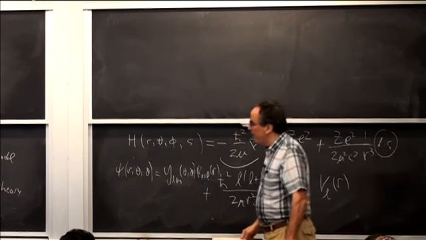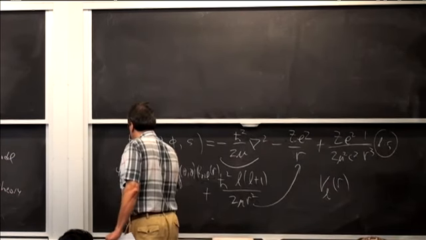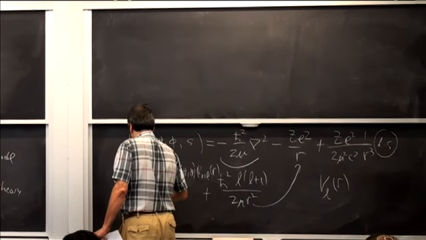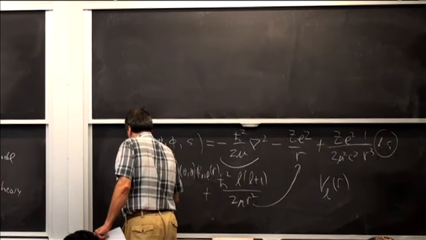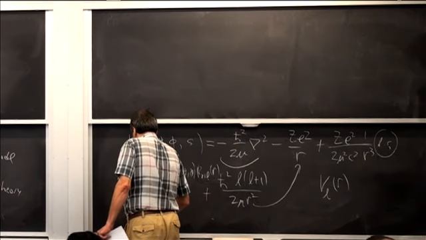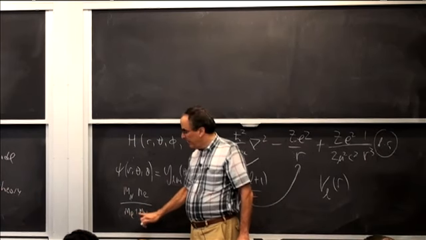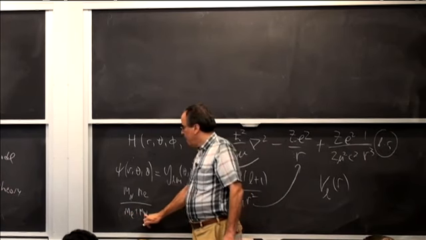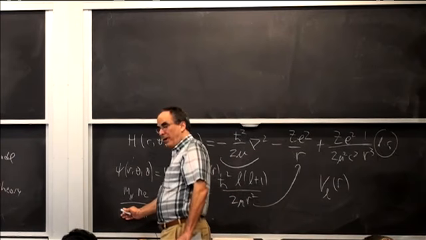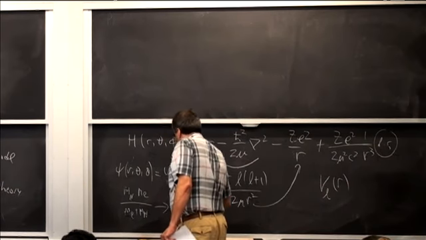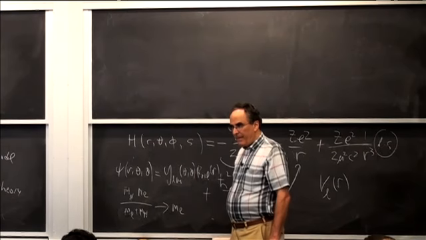This is the reduced mass, and the reduced mass is the mass of the nucleus times the mass of the electron over the mass of the electron plus the mass of the nucleus. Now this is always really small compared to this, and so if you throw that away, this becomes just the mass of the electron.